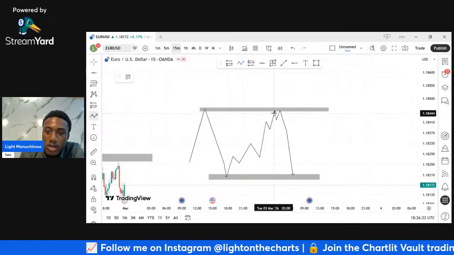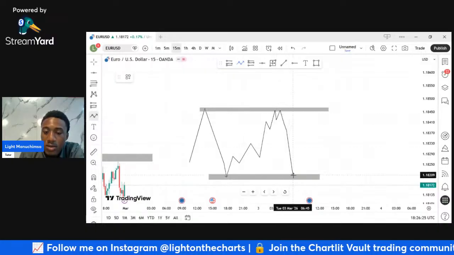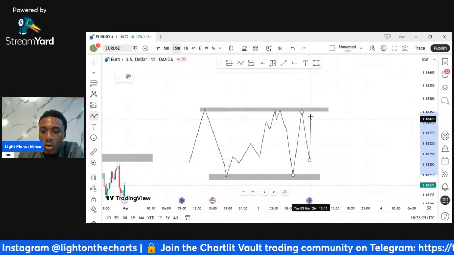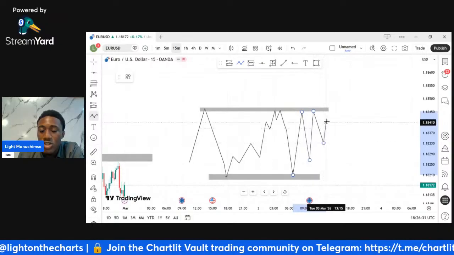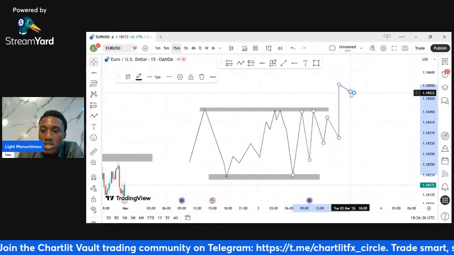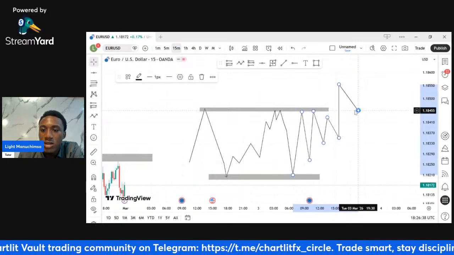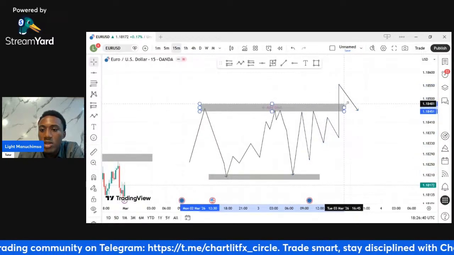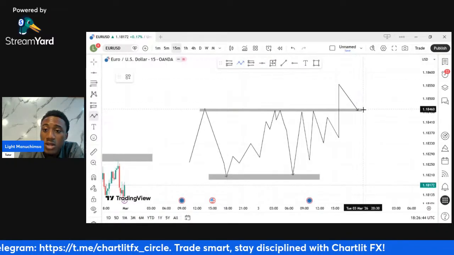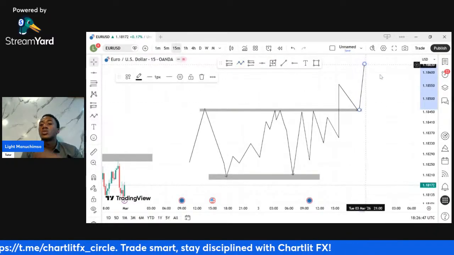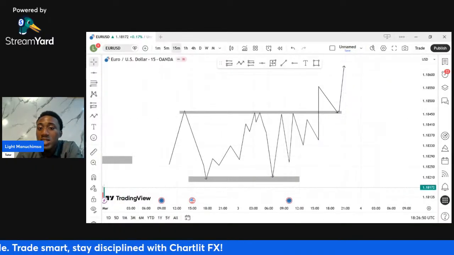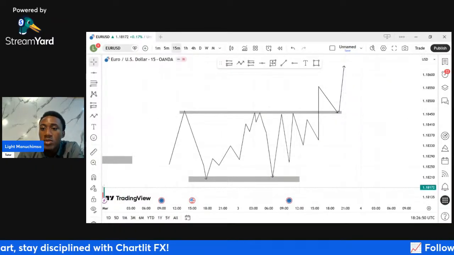Each time it weakened it a little, and eventually it breaks. Once it breaks, it retests, and after retesting, you can see buyers step in and push price upwards. That is how price moves, day in, day out.